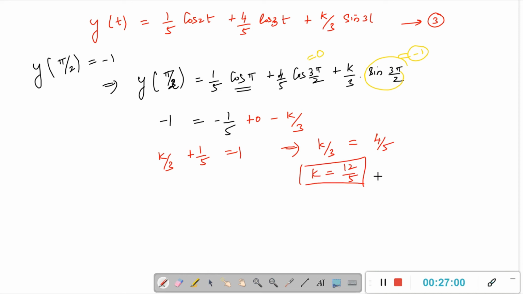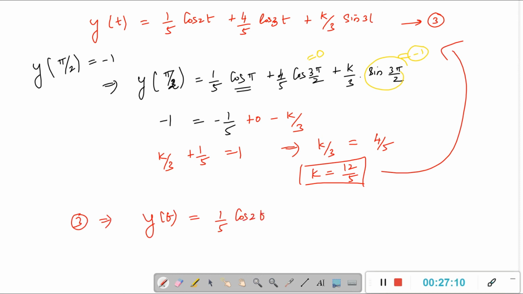After finding k, you have to substitute in equation 3. So from 3 implies y of t equal to 1 by 5 cos 2t plus 4 by 5 cos 3t plus, already 1 by 3 is there, so if you divide, you may get 4 by 5 sin 3t.